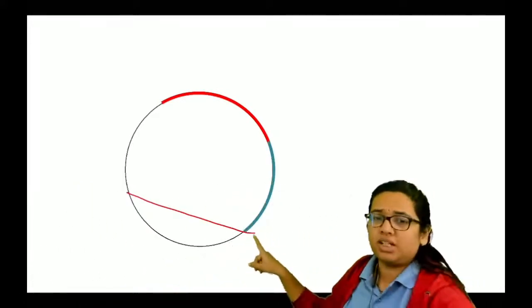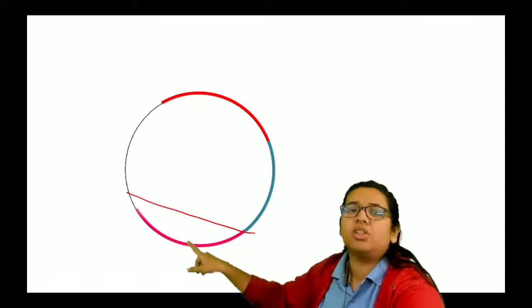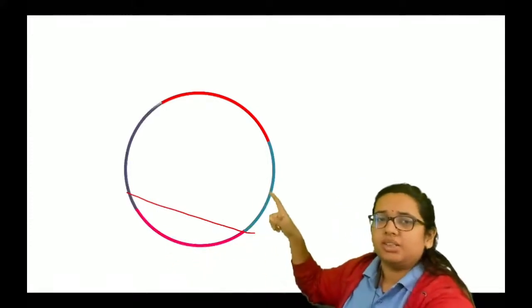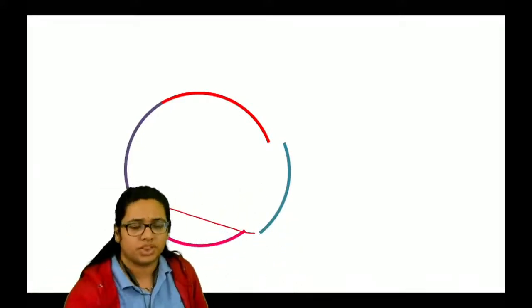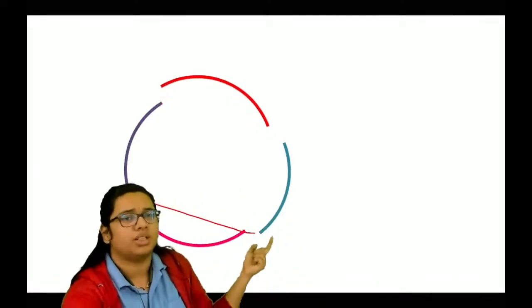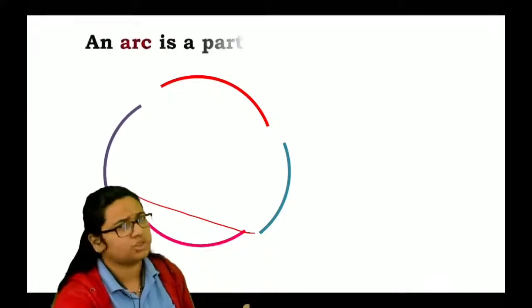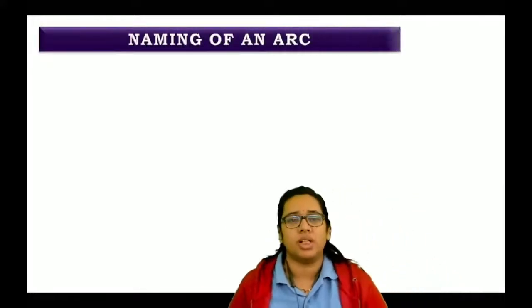Suppose the second one is something like this, the third one will be like this, and this one. If you take this part then it is known as an arc. If you consider just some part of the circle that you have, then it is known as an arc.